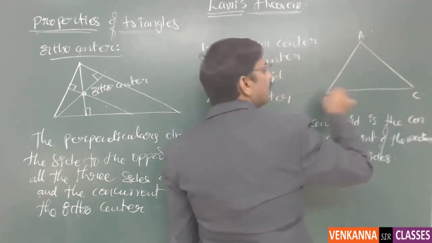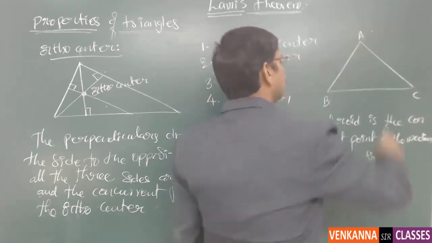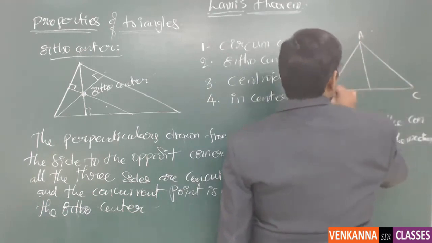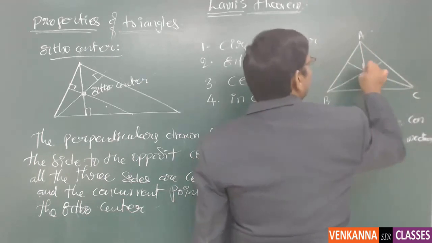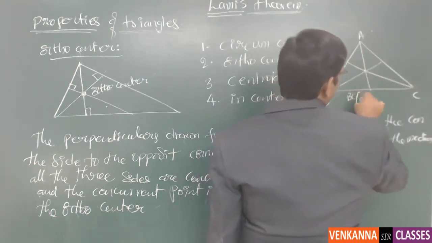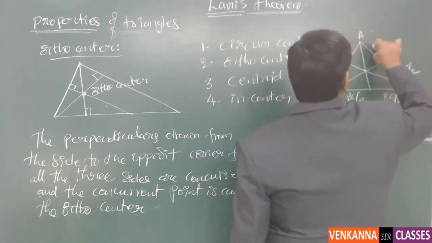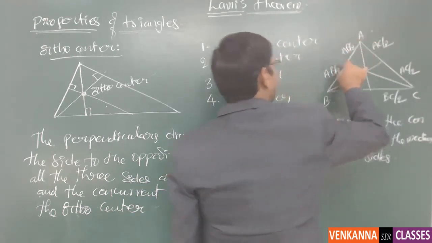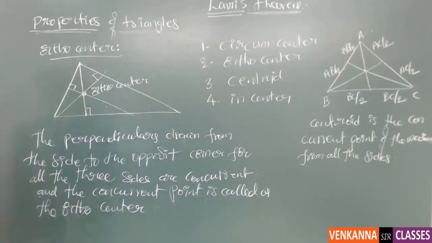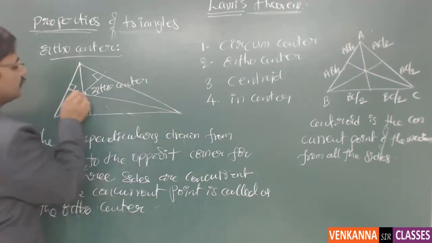Identify the midpoint of each side and draw a line to the opposite corner. This is the midpoint. So this is BC by 2 and this is again BC by 2, this is AC by 2 and this is AC by 2, and this is AB by 2 and this is also AB by 2. Sorry, this one, yes, this is the correct one.